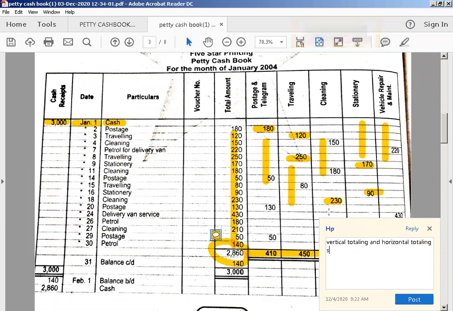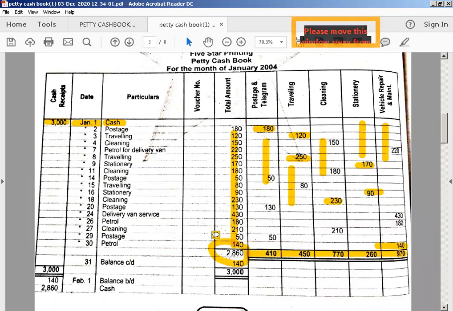Okay, this is the main point. If it is not equal, then definitely you have made some mistakes in your recording of transactions. Okay, so make sure that you will not do any mistakes in your vertical and horizontal totaling.